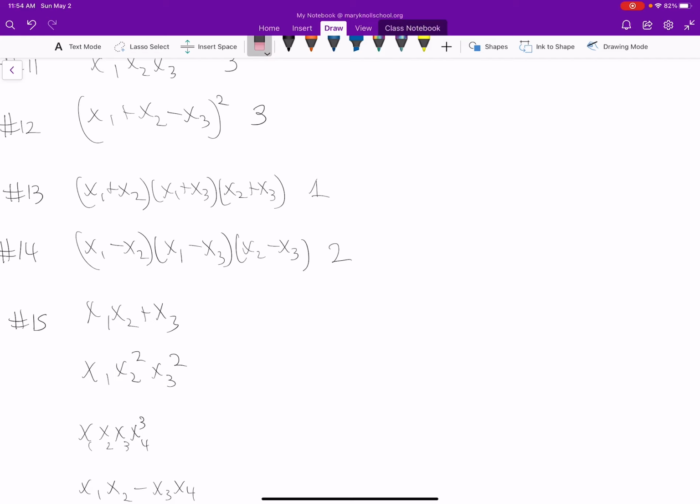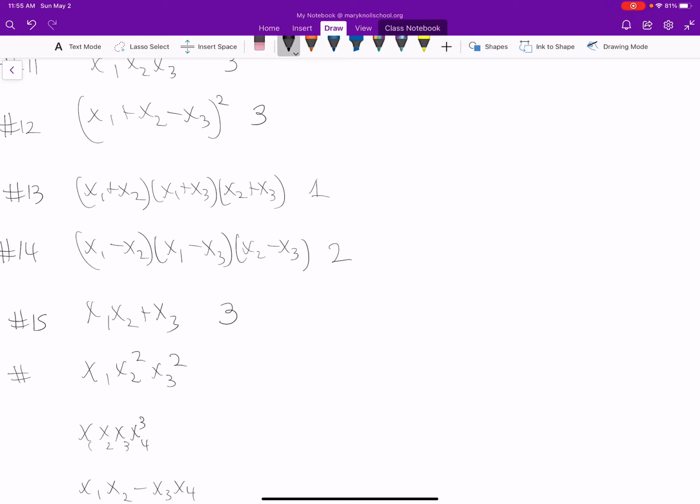Okay, all right, so number 15, if we're just kind of looking at this one right here, you can put three different values in there, 1, 2, and 3. And so we end up with three distinct variants. All right, number 17.